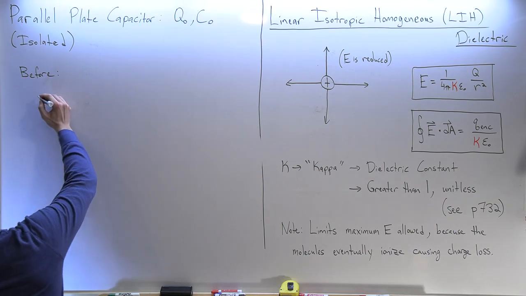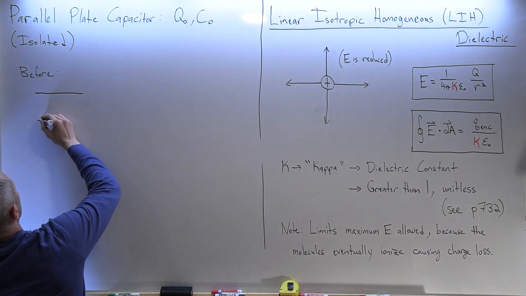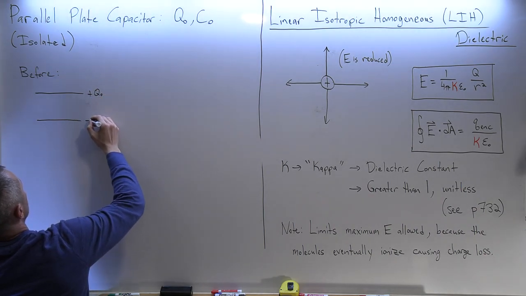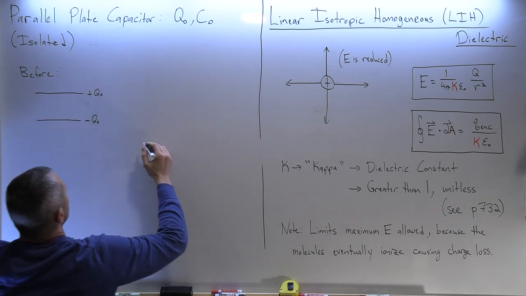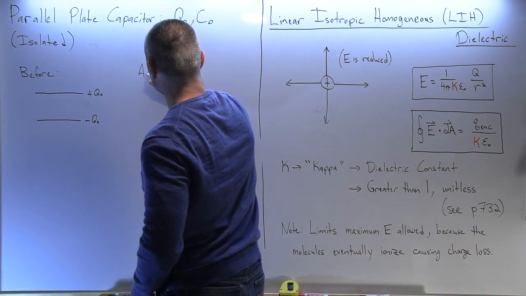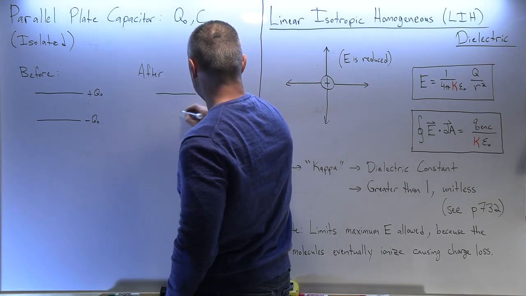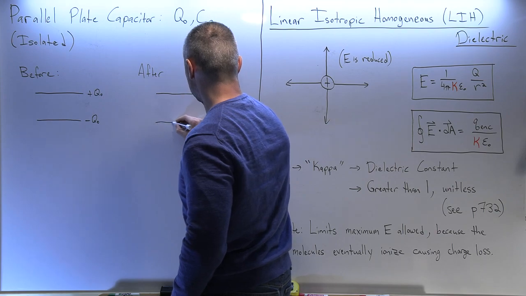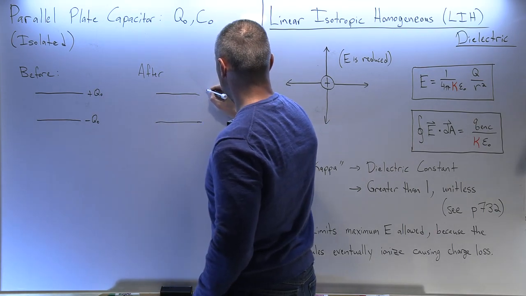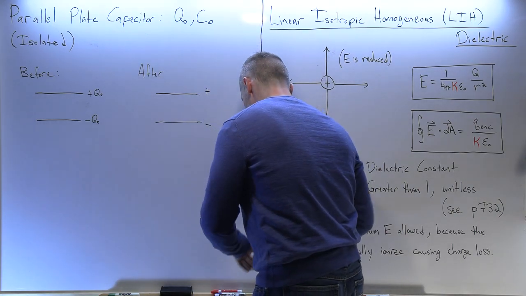What I have is plus Q0, negative Q0, and then after, this is still positive up here, this is still negative, but I've got this block of material.